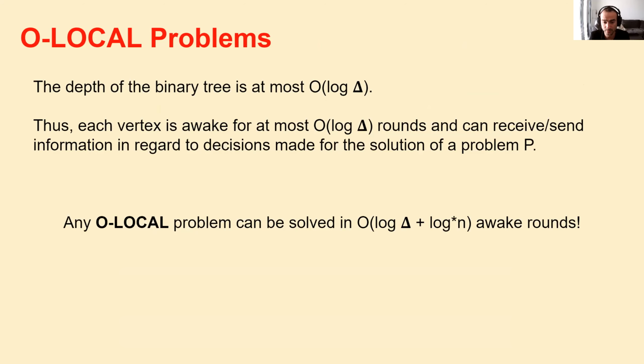And any problem can be solved in O(log Δ + log* n) awake rounds, where I remind you, if we have some randomized algorithm for O(1) coloring in O(1) time with Δ coloring or O(Δ) coloring or even some polynomial of Δ, then our algorithm immediately becomes a black box into a randomized algorithm for all O-local problems in O(log Δ) time.